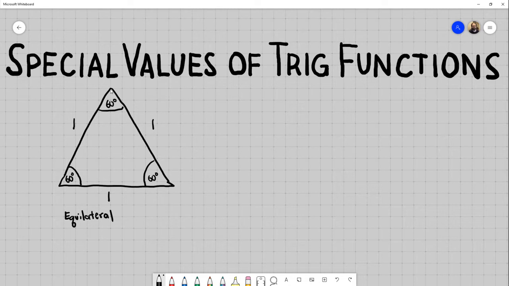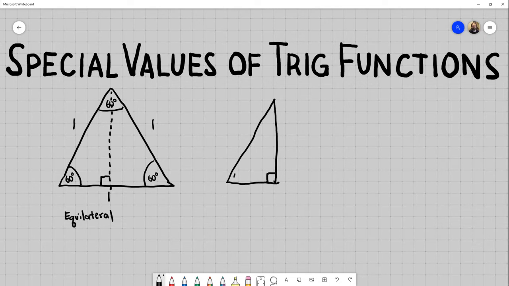Now I'm going to take this triangle and I'm going to cut it in half right down the middle. Okay, and it's going to make another new special triangle. It's going to be a right triangle now. When I cut this in half, it makes a right angle. So now this angle is 90 degrees.